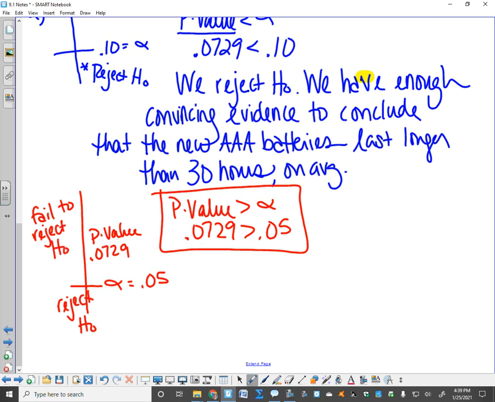Because what has just happened is you gave me some evidence, but you didn't give me enough convincing evidence for this judge. This judge, this alpha at 5%, said, it's not enough. Now, the 10% alpha that's in blue, he was fine with it. But this red alpha that's a 0.05 ain't having it.